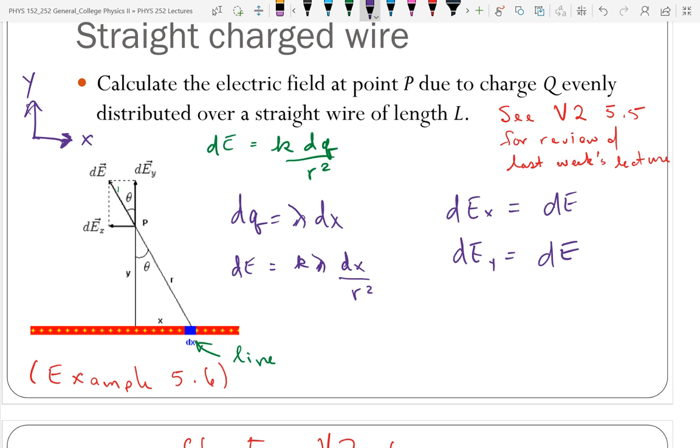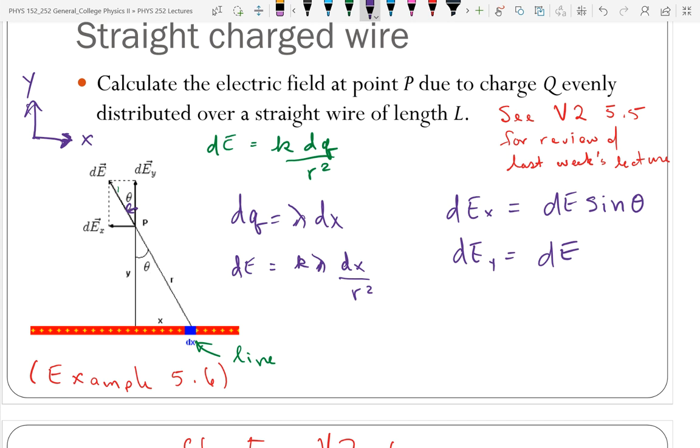If we look at dEx, is that going to be sine or cosine of theta to get the x component? It's going to be sine because that's the opposite side. By tradition, this is a negative angle, right?